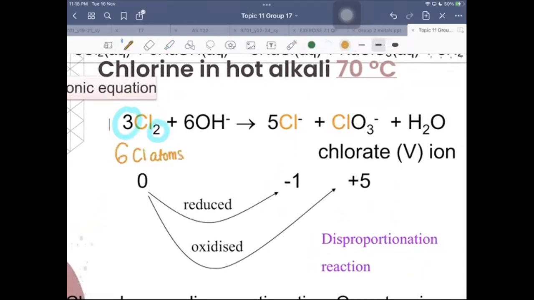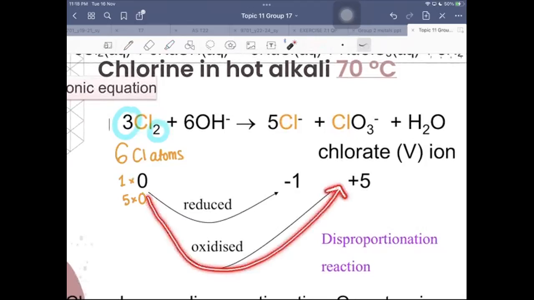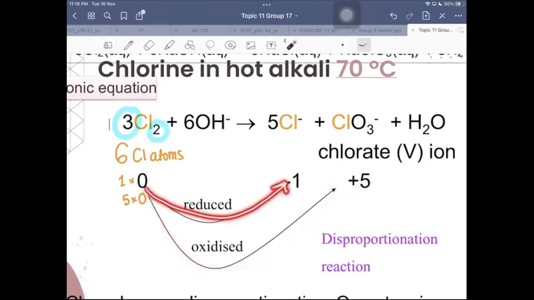5 of them are being oxidized from 0 to +5 in the chlorate ion, and 1 of them is being reduced to oh, sorry.